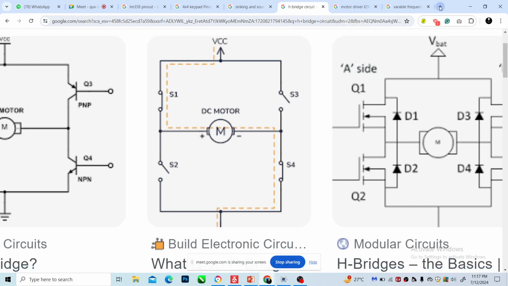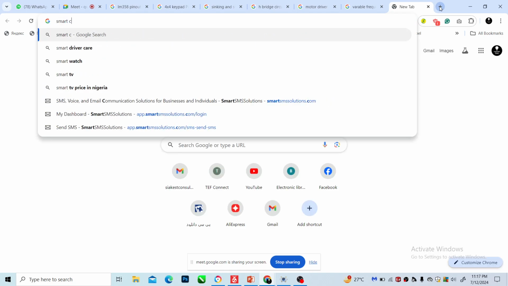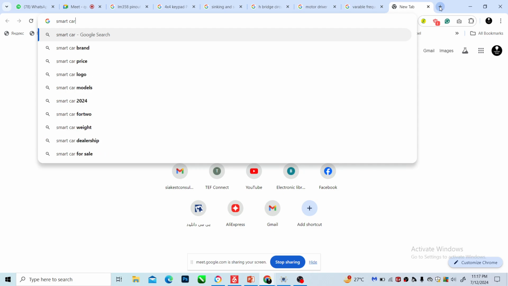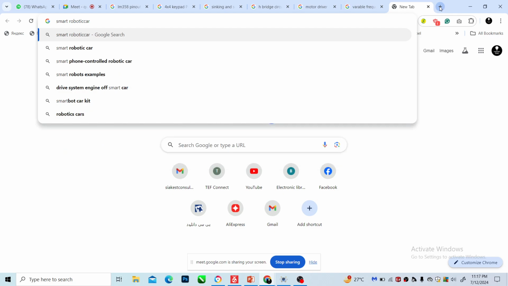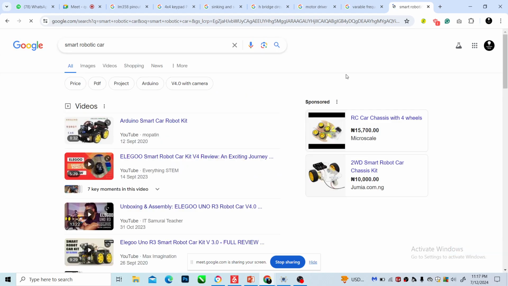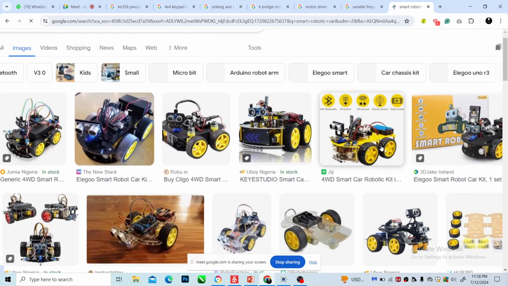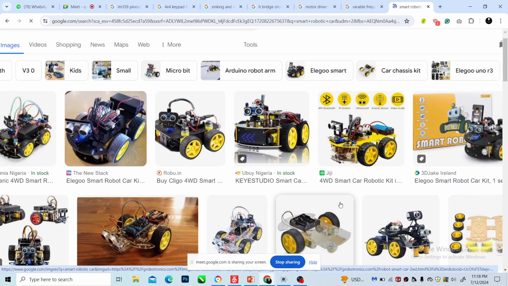Let me show something: a smart robotic car. And this thing I'm saying, it doesn't have to be this small car. I've used the same principle for even big lawnmowers and big robots.